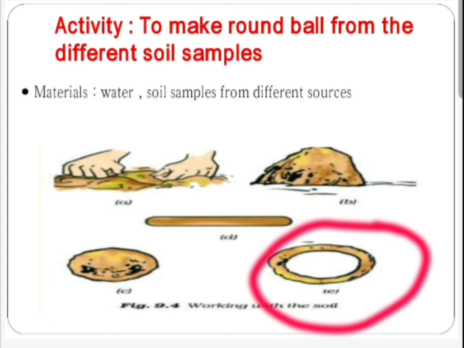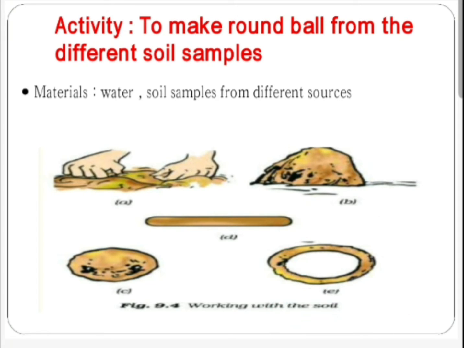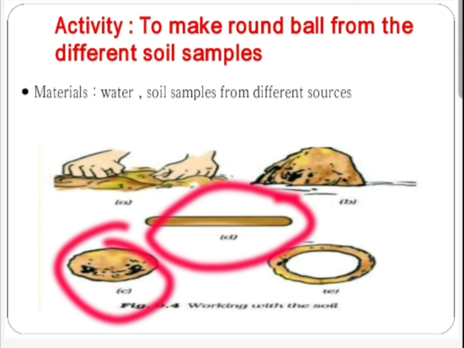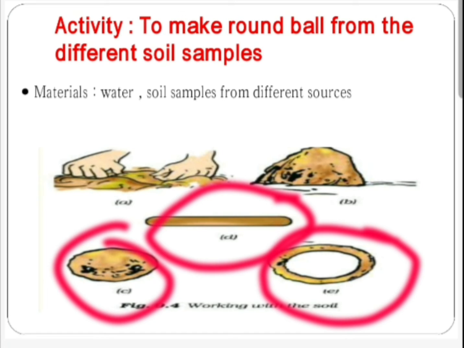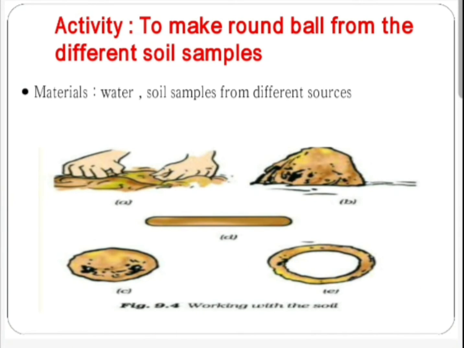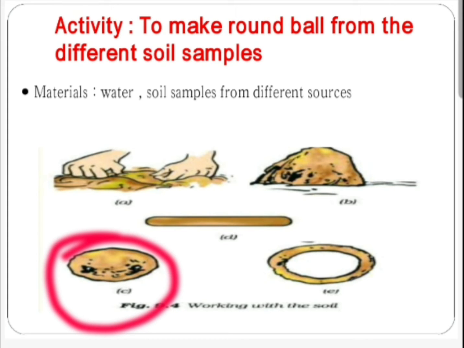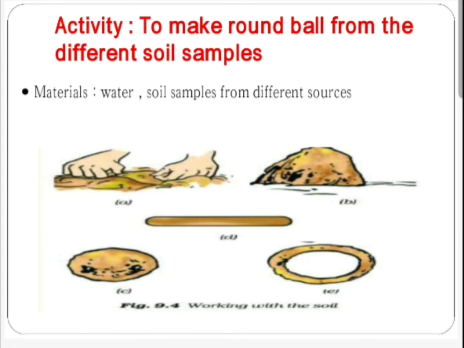Okay. Now conclusion: a ball, cylinder, and ring can be made from clay soil. From loamy soil only a ball can be made, but sandy soil cannot be shaped in such specific types.